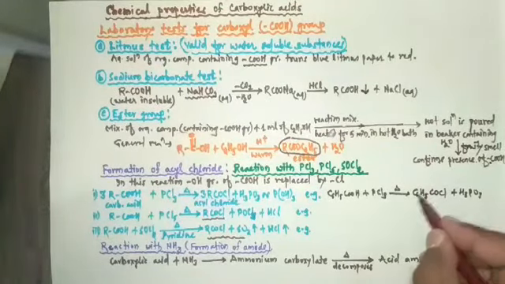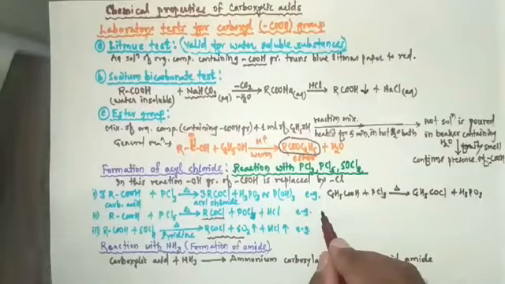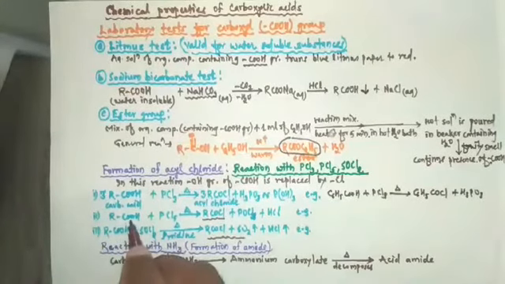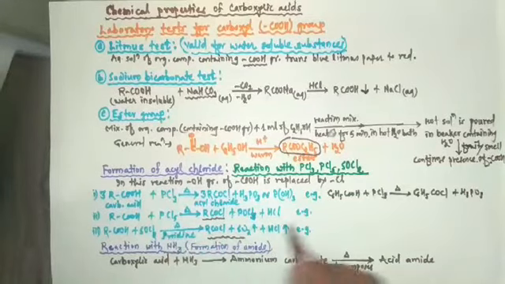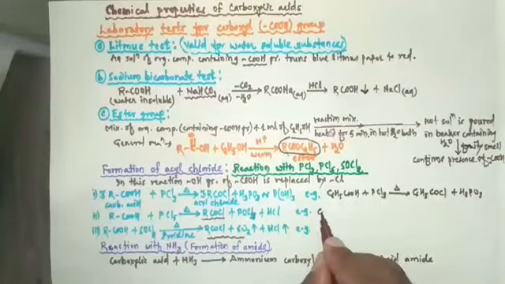Then let's study the next example, that is reaction of carboxylic acid with phosphorus pentachloride. Take one example, again benzoic acid.